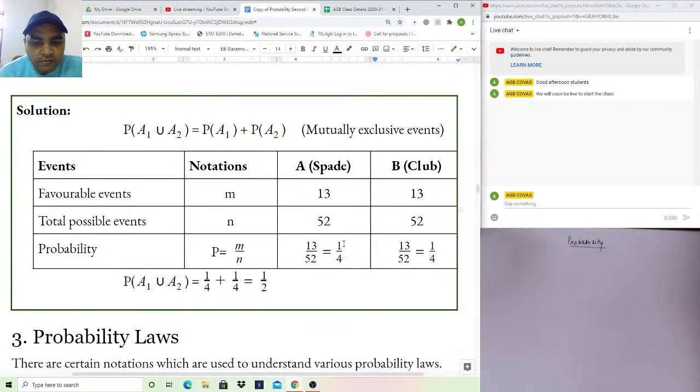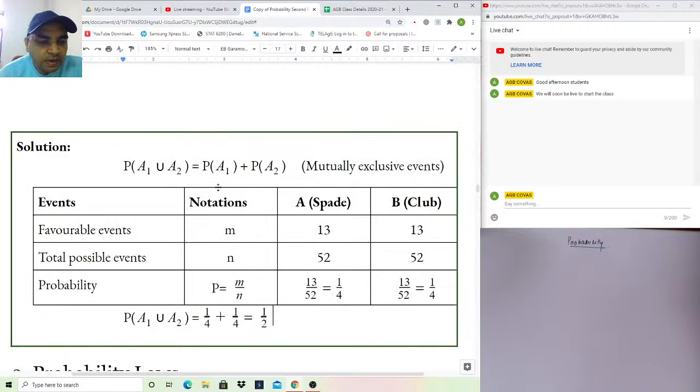So the probability of each will be 13 by 52 is equal to 1 by 4, and similarly in this case 1 by 4. The combined probability of either a spade or a club, P(A1 union A2), will be 1 by 4 plus 1 by 4 is equal to 1 by 2. So this is how we define this case.